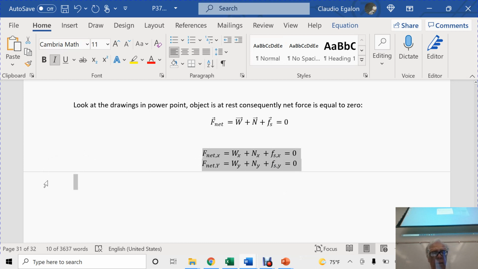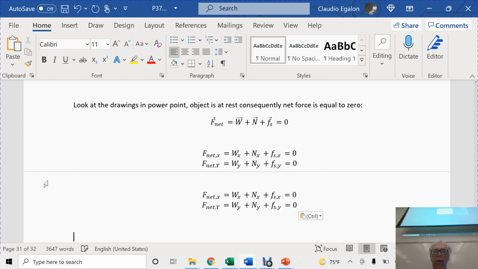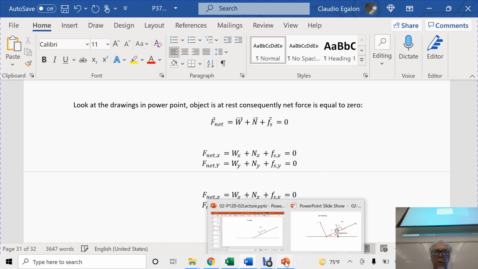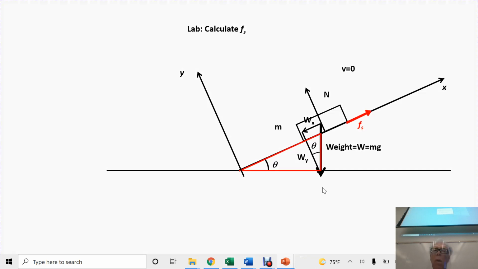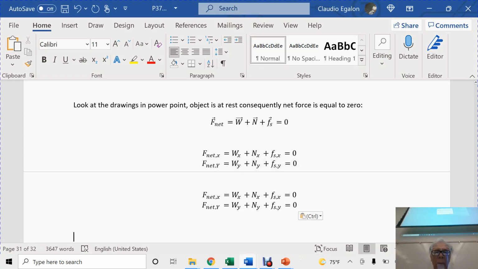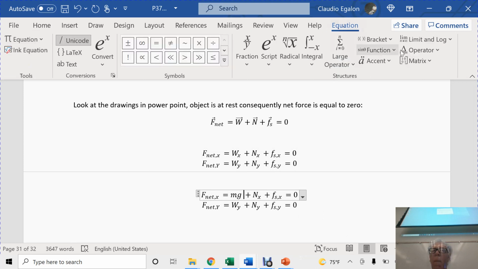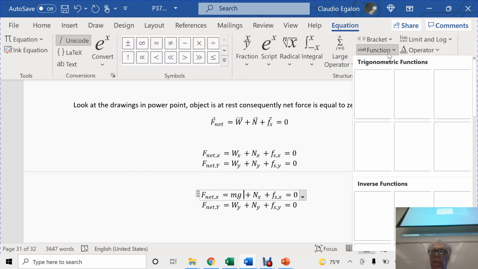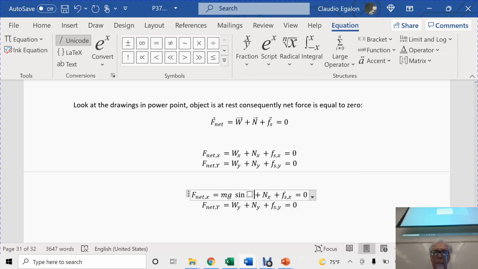Going back to the drawings, let's see what's the value of each component. Going back here to the drawing board. Okay, the Wx is mg sine of theta.